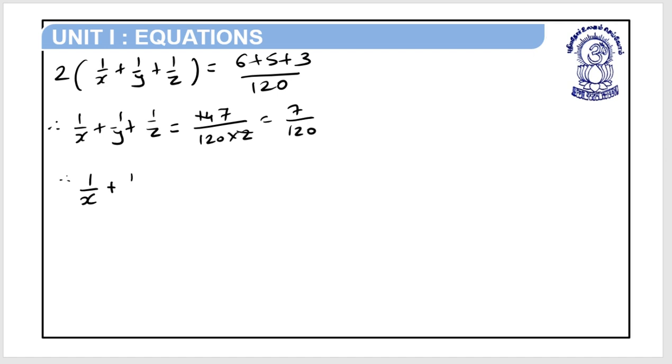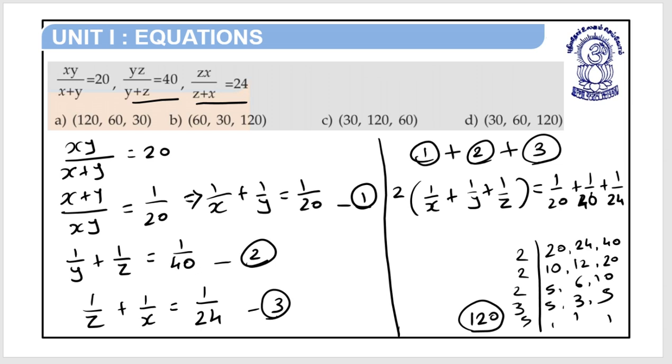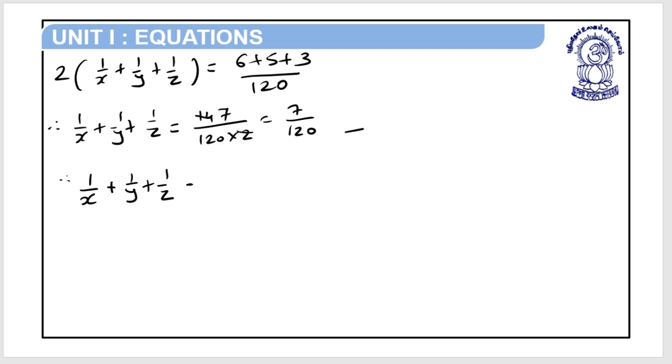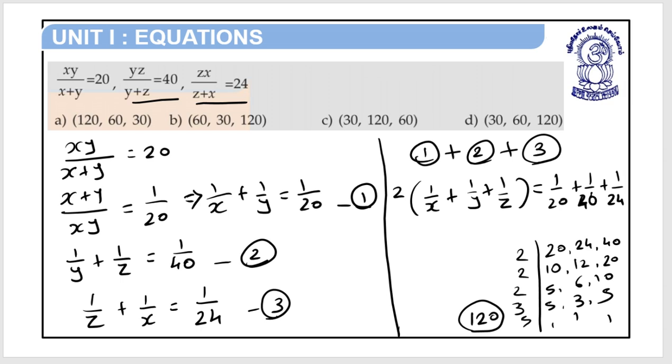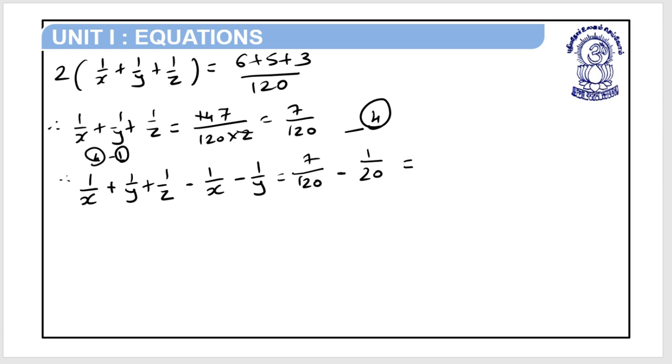This is equation number 4. Equation 4 minus equation 1: 1 upon x plus 1 upon y plus 1 upon z minus 1 upon x minus 1 upon y is equal to 7 upon 120 minus 1 upon 20. 1 upon 20 is 6 upon 120, so 7 minus 6 is 1 upon 120. Here minus 1 upon x minus 1 upon y cancel.